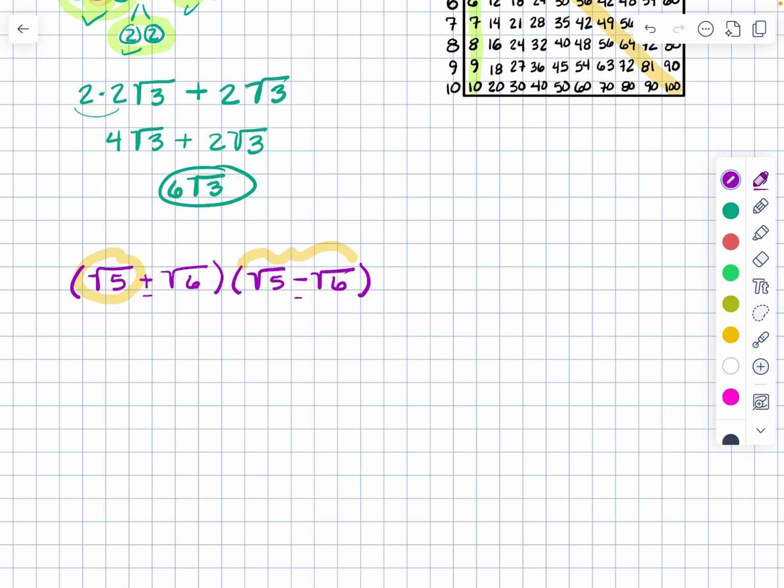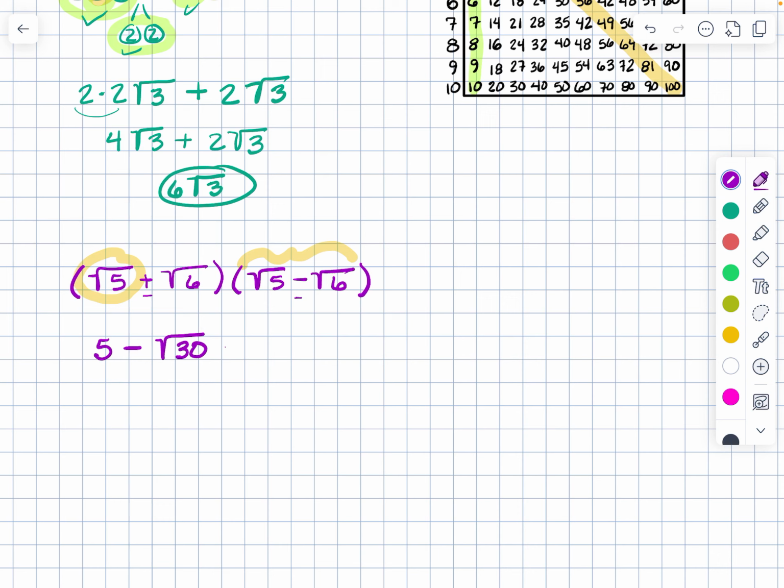So we got the square root of 5 times the square root of 5, and that's just going to be 5. Okay, and then the square root of 5 times a negative square root of 6 is going to be minus the square root of 30, because it's the square root of 5 times 6, that's the square root of 30.